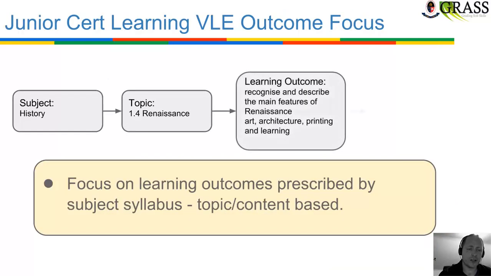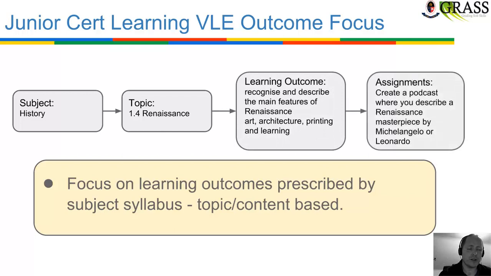Traditionally, teachers designing courses would focus on the subject-specific learning outcomes as dictated by the individual subject syllabus. So the diagram here represents the train of thought in devising a course, first by subject, then by topic. The learning outcome would be considered as a contextual or topical learning outcome, and the assignment would be devised around illustrating that learning outcome.